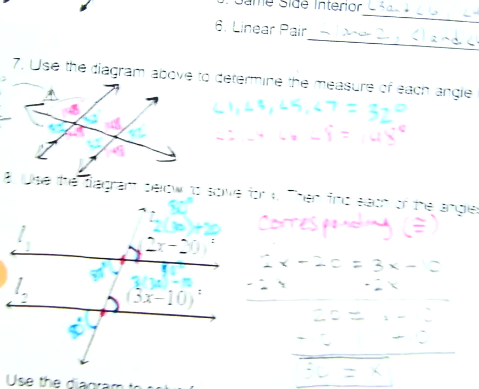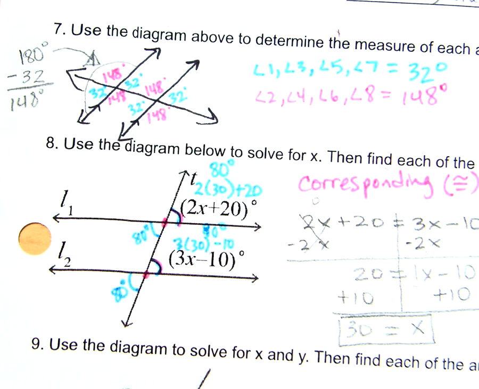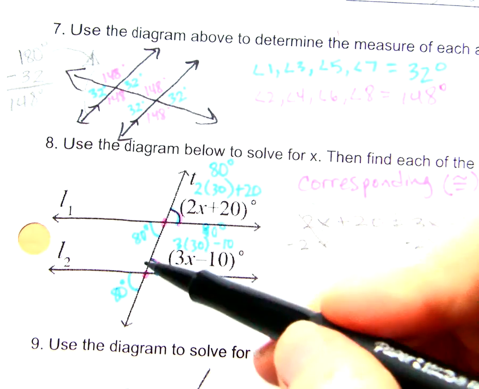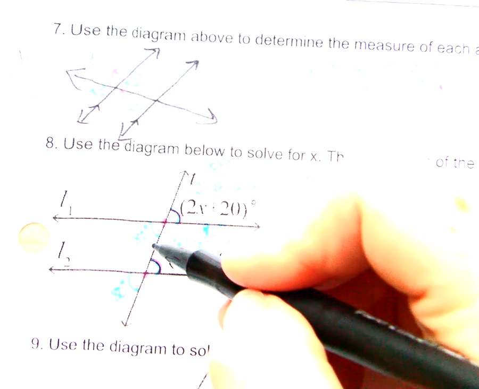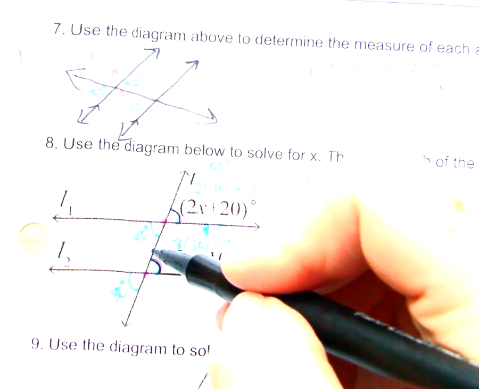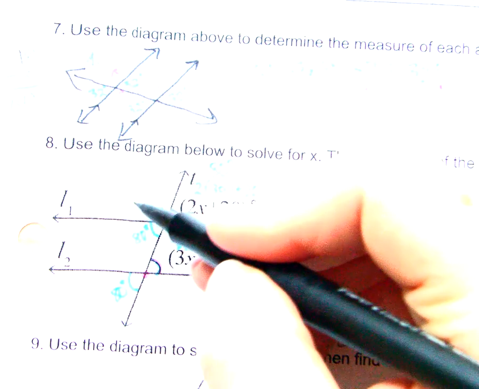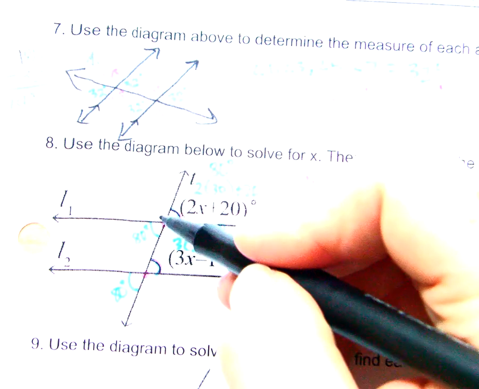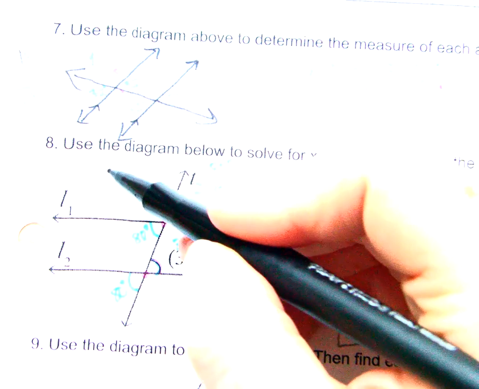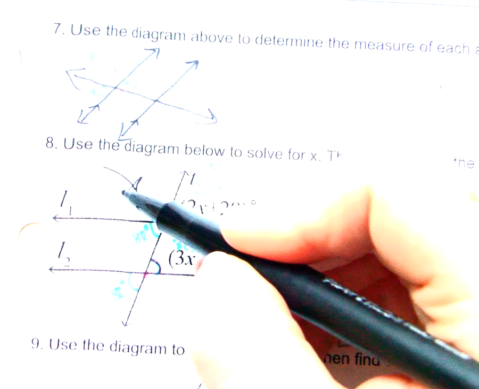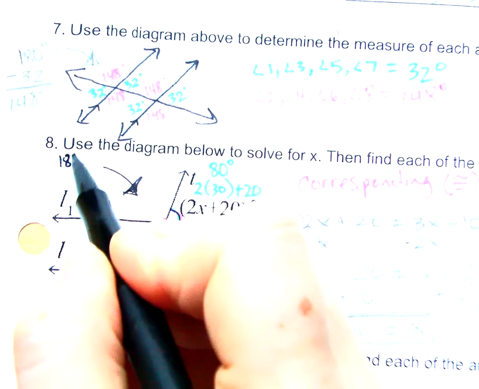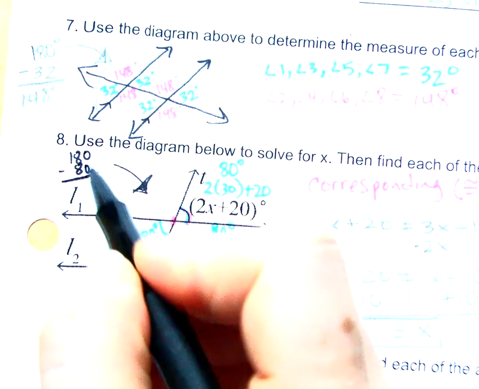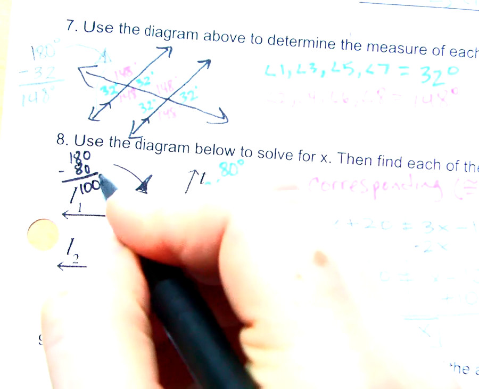Then I can find all the other ones in this picture, all these obtuse angles, because I know linear pairs, right? So I know that if I combine these two angles right here, it should be 180, these two. So in order to find this obtuse angle right here, I'm going to take 180 degrees, take away what I know to find out what I don't know.